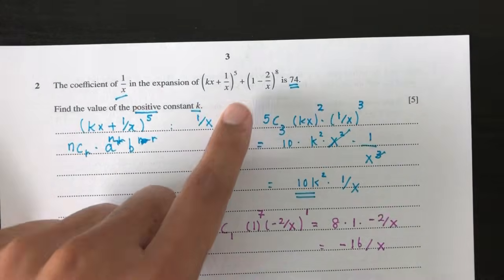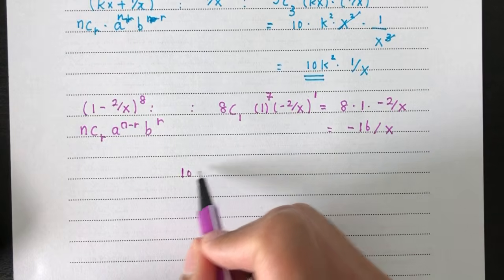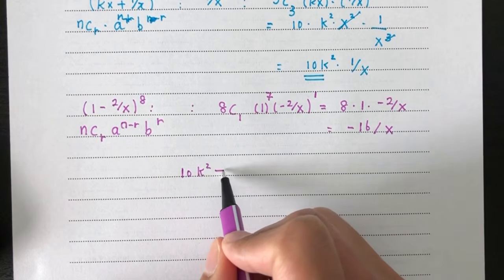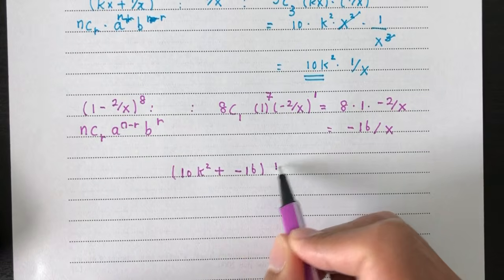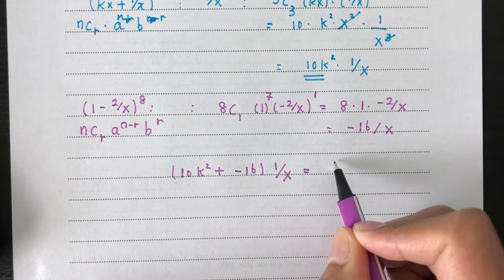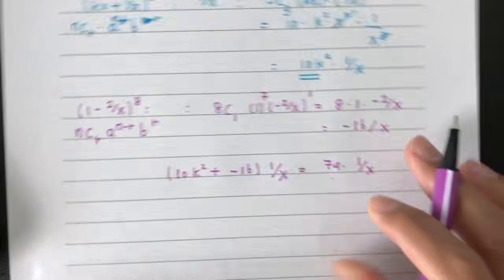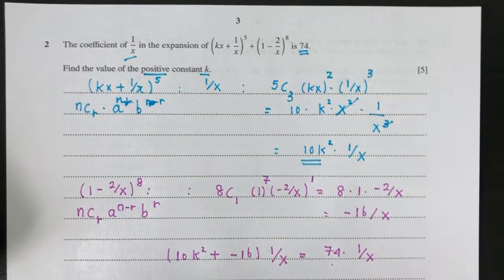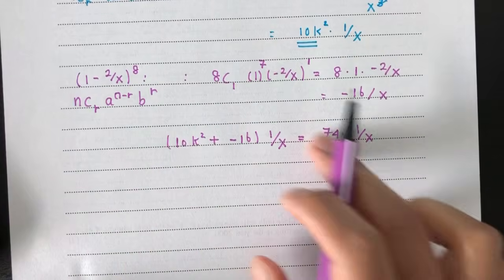Now as you can see, it is plus, so you have to add those two. So 10k squared plus minus 16, both terms of 1 over x, equal to 74 times 1 over x. 74 is the value given to you right here. Now you have to equate this with this.